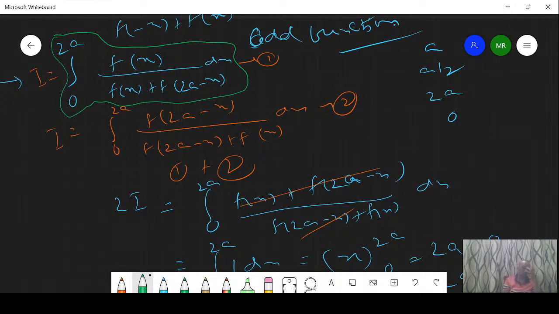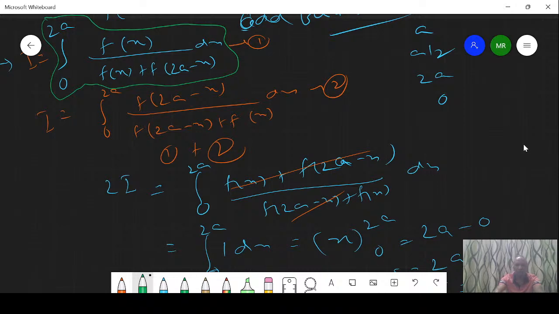No, not a plus b, you are getting a difference. 2a minus 0 by 2 it comes, because it is 2a minus 0 by 2. That also you can try, not a plus b, that is wrong. For a to b, you will get the difference b minus a by 2. You can think about this.